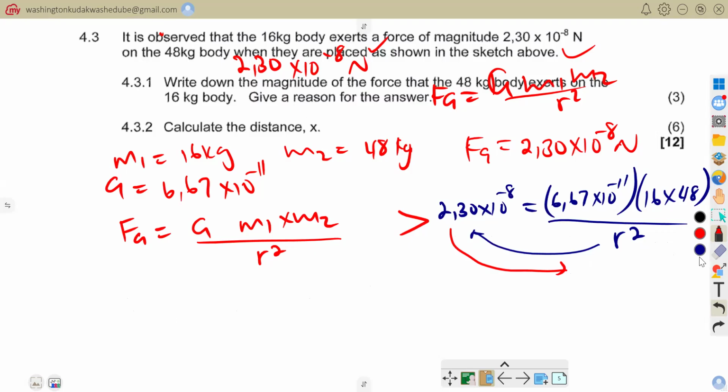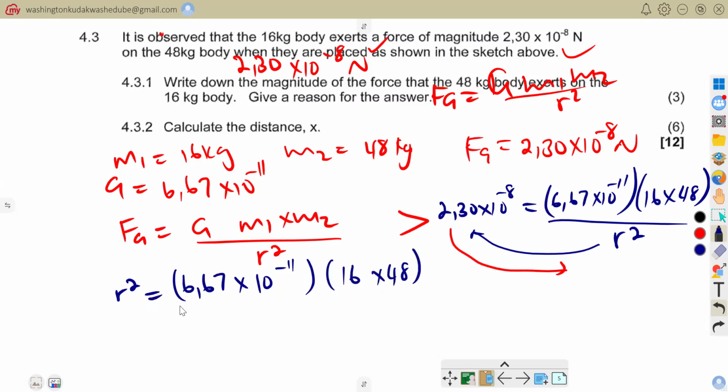So R squared will be equal to 6.67 times 10 to the power negative 11 times 16 times 48, all divided by 2.30 times 10 to the power negative 8. Let's now use our calculators.